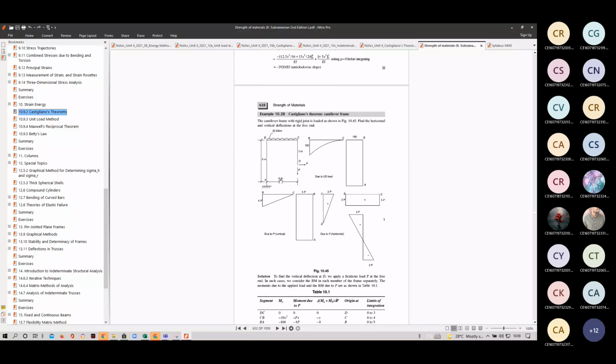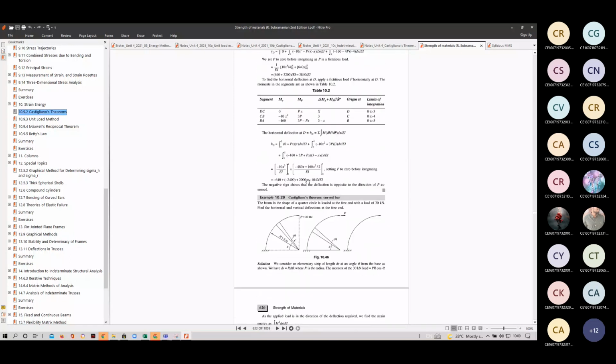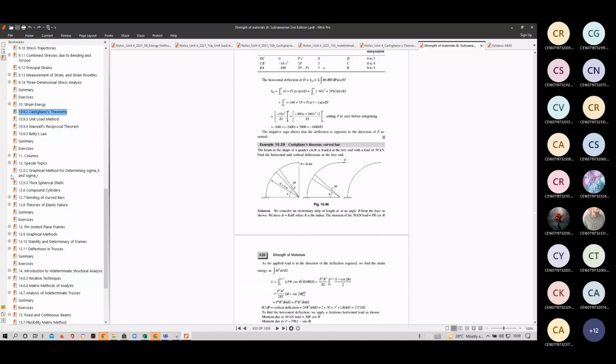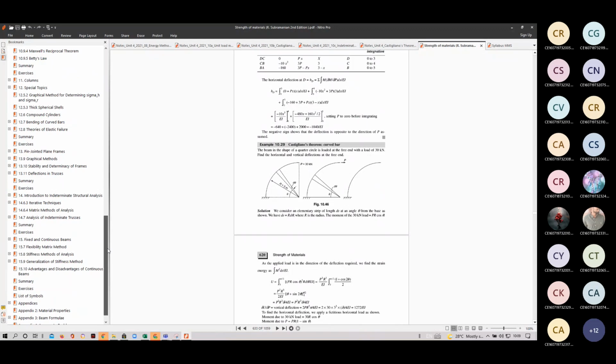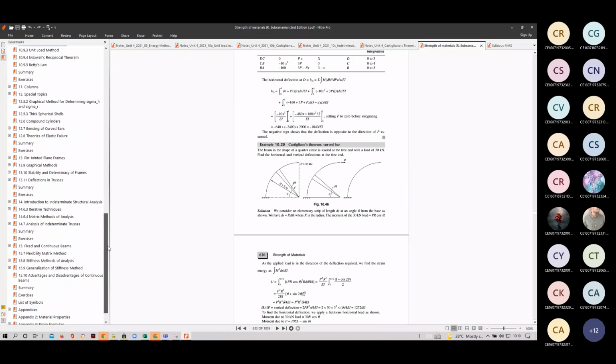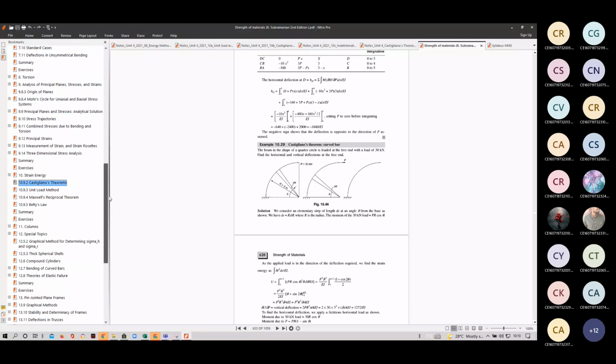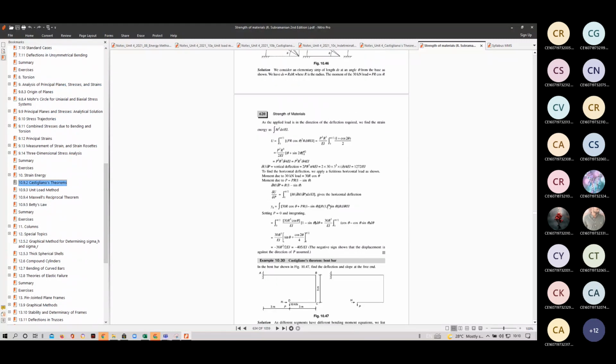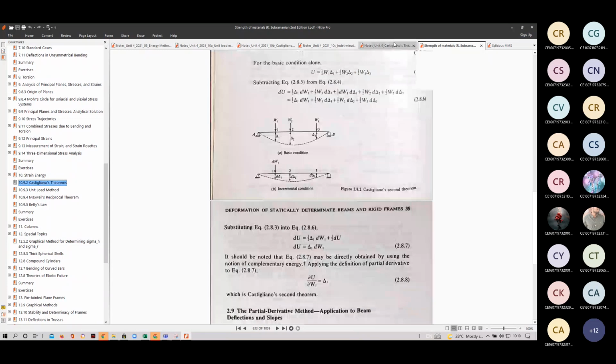Okay, Castigliano's theorem for frames you ignore. All right. Next, one or two more examples from this book you can do.